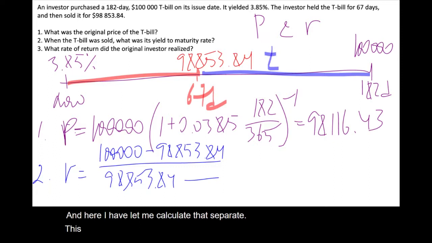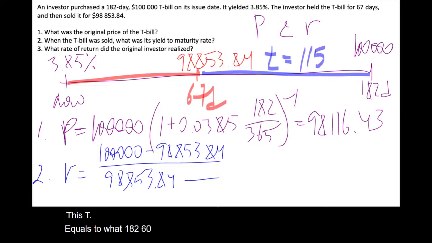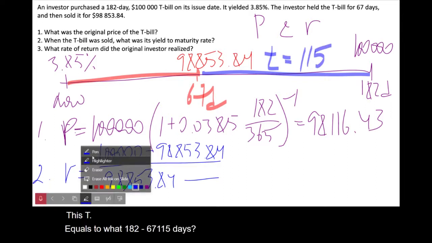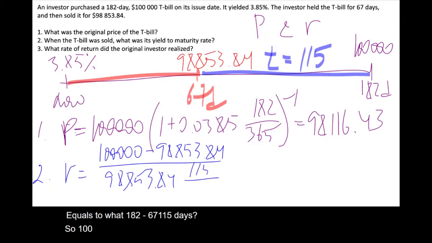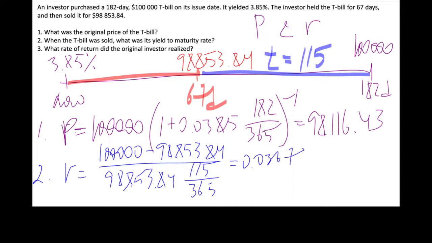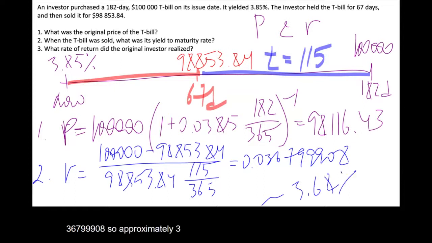This T equals what? 182 minus 67, 115 days, right? So 115 over 365. So let me calculate. 0.03679999, so approximately 3.68%.